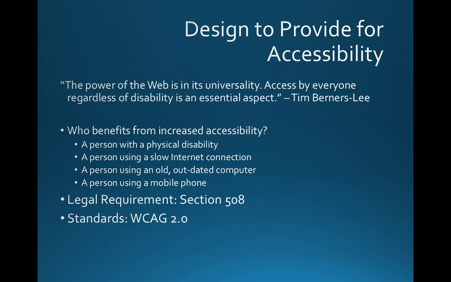If you receive funds or have any connection with the government, like we do here at Harper, we receive state funds from Illinois, because we're a community college, so our website has to abide by the Section 508 rules for the web and for our location. We have to have ramps, we have to have elevators, and so on and so forth.